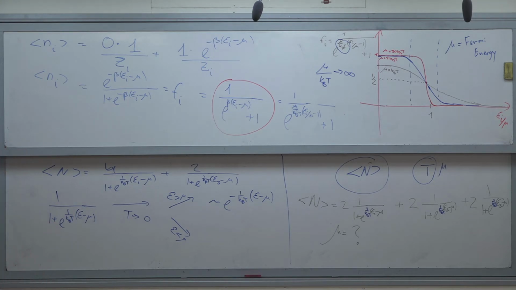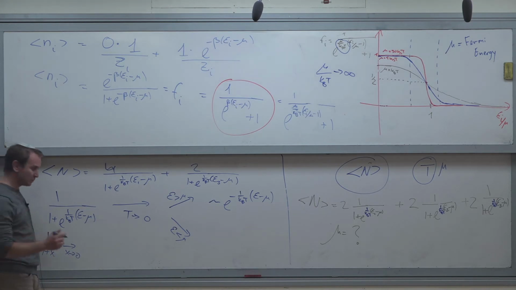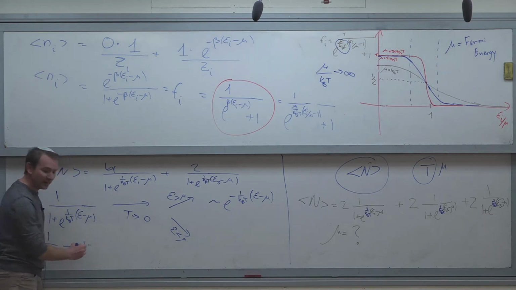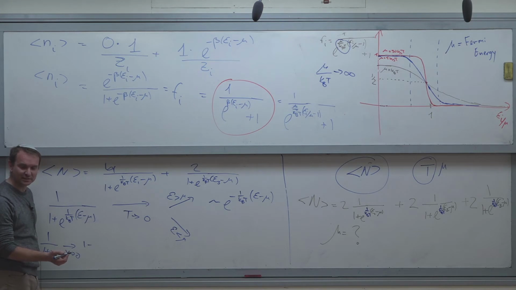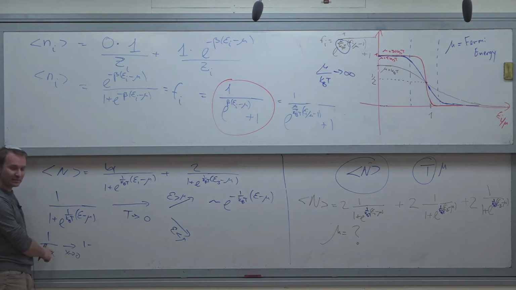So what is the Taylor expansion of 1 over 1 plus x when x goes to 0? It is approximately 1 minus x or 1 plus x? Make a guess. Minus. Why minus? Let's assume that x is positive and very small.